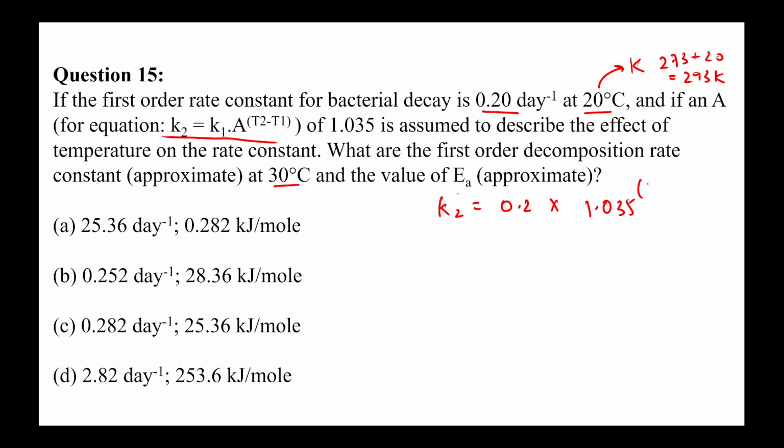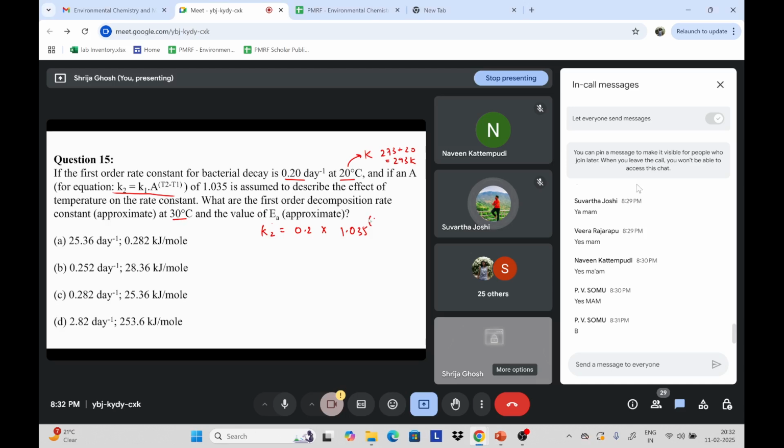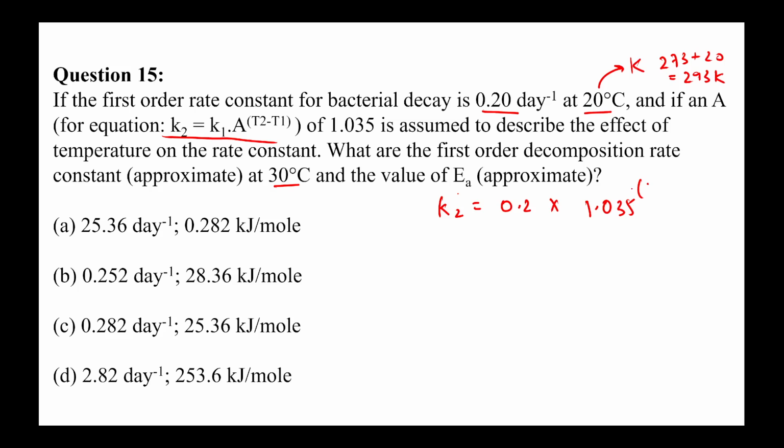So please keep your mic on mute if you don't have to ask anything. So T2 minus T1, just take the temperatures in Kelvin. Do not forget to convert the temperatures. So T2 will be 300, T1 will be 293.